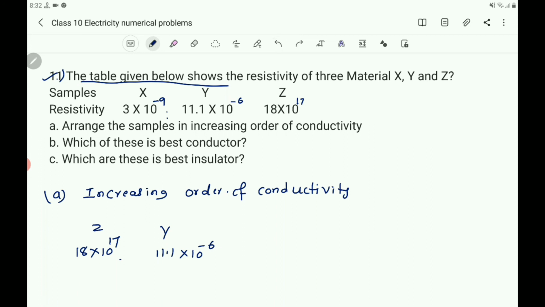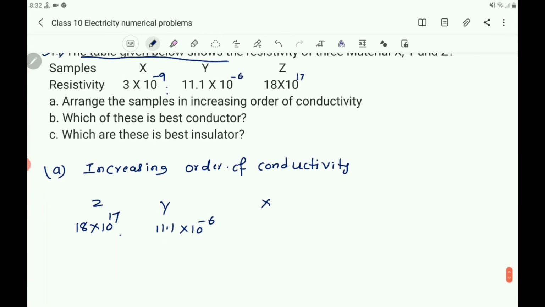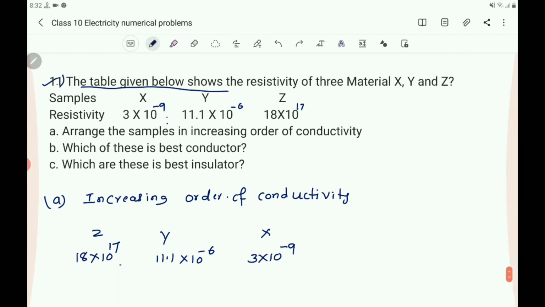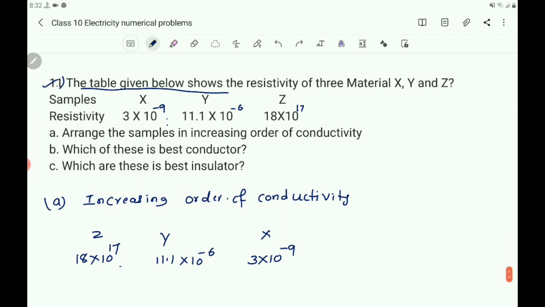Next you take X. X is having least resistivity, that is 3 into 10 power minus 9. So the increasing order of conductivity is first Z, after Y, after X. Z, Y, X. That is nothing but the decreasing order of the resistivity.